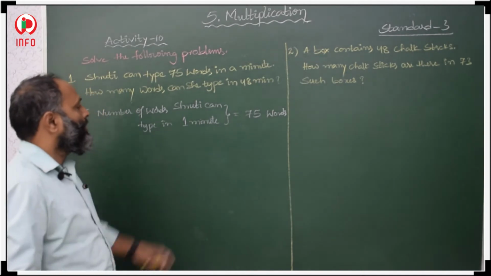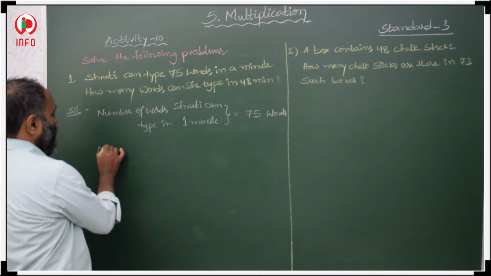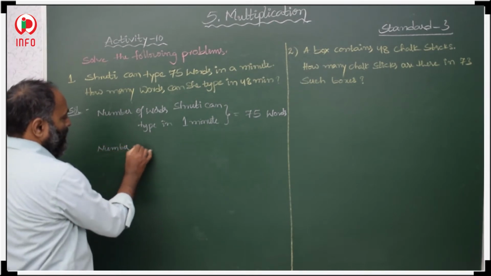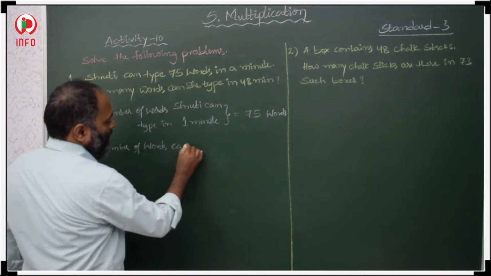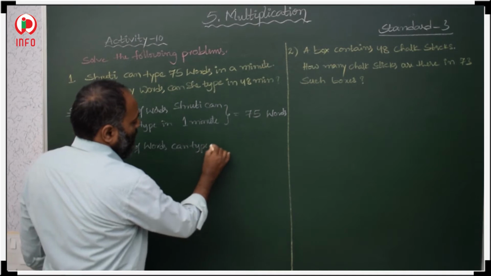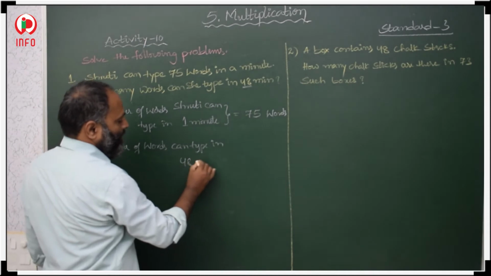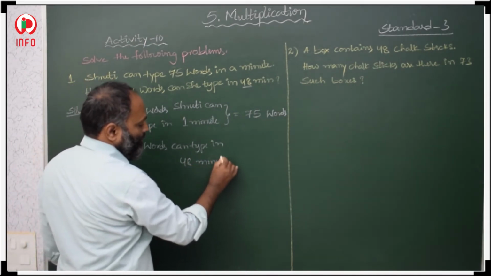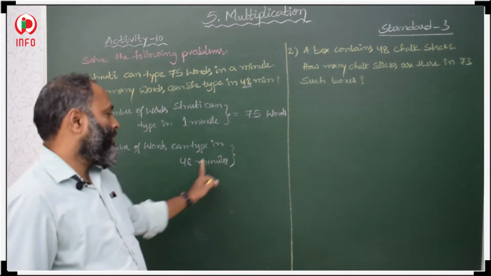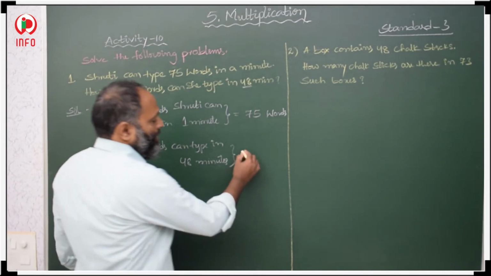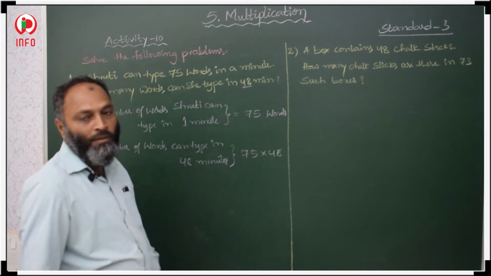This many words Shruti can type in 1 minute. Then the number of words she can type in how many minutes? 48 minutes. What we have to do? We have to multiply 75 with 48.